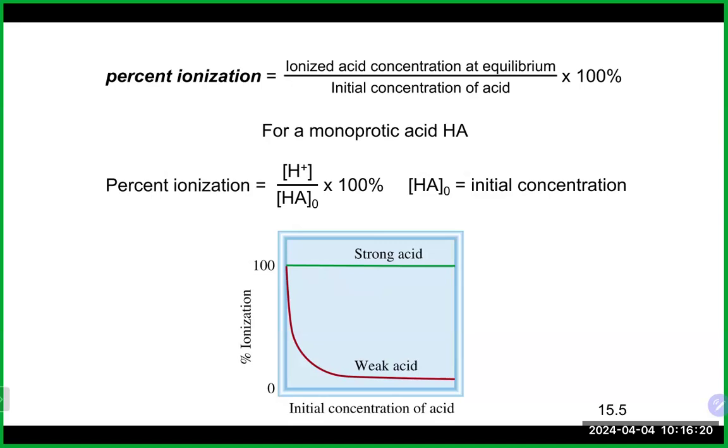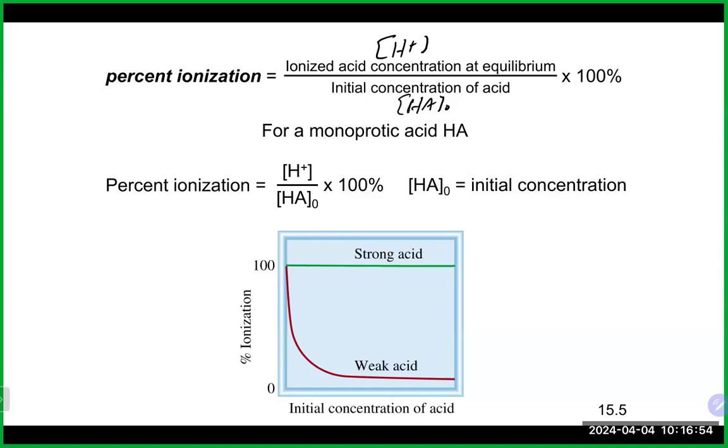Percent ionization is the ionized acid concentration, which is basically the H plus concentration, divided by the initial concentration of the acid, times 100%. It is actually how we check our assumptions, like we just did in the last problem. We got our x value, which was our H plus concentration, and divided it by the initial concentration times 100. So it's really the same calculation you do to check your assumption.